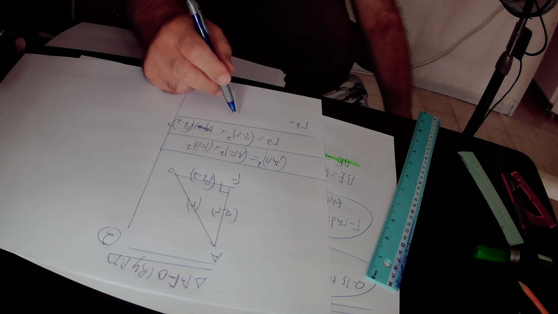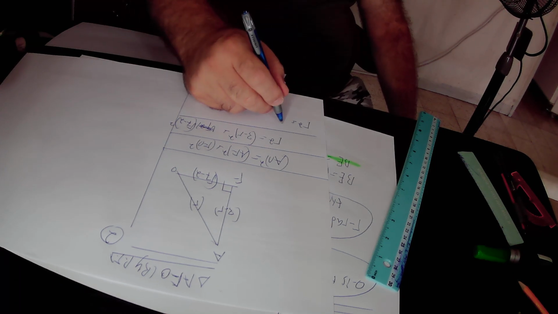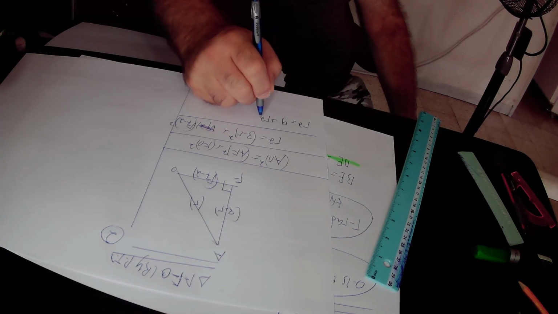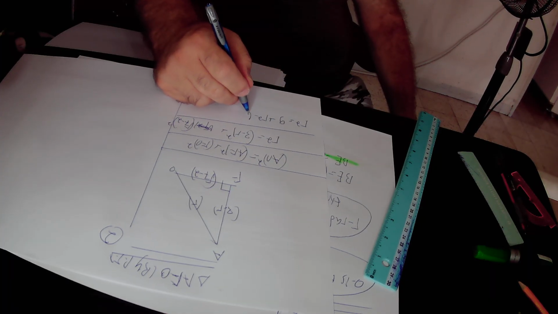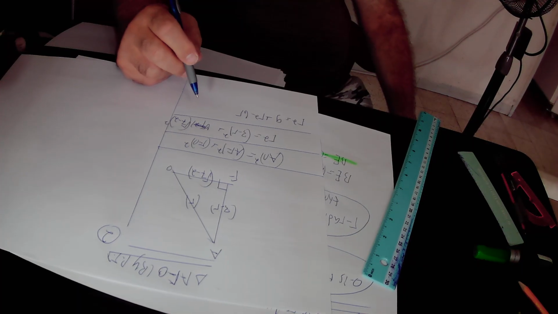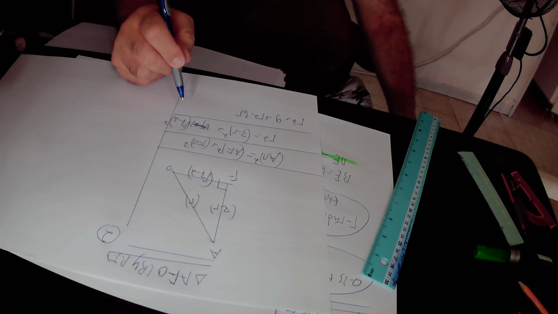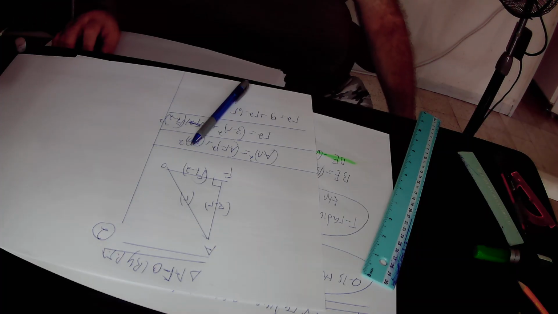So R squared equals (3 minus R) squared. (3 minus R) squared equals 3 squared, that is 9, plus R squared minus 2 times 3 times R, that is minus 6R, and we have here (square root of 7 minus 2) squared. (Square root of 7 minus 2) squared is equal to 0.417 units.